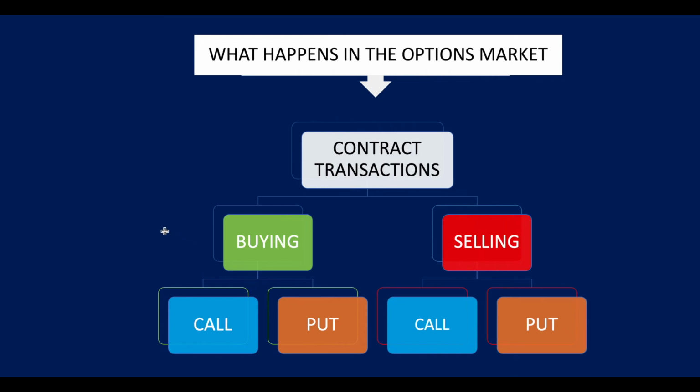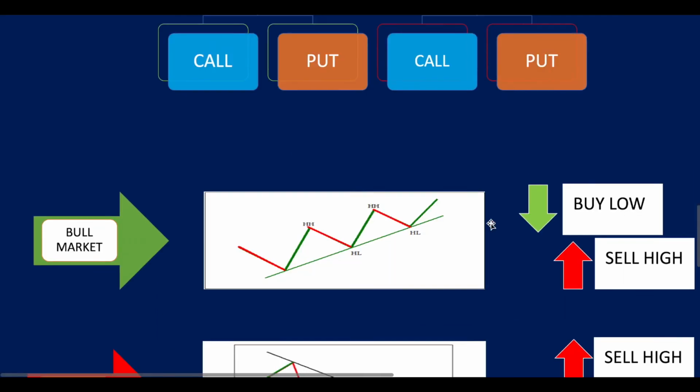So remember that in the options market you have buying and selling of call and put options going on. This episode is only to know briefly, just to get an idea about the options market. In later episodes, we'll go into each topic like option selling and option buying and the dynamics related to these two entities.